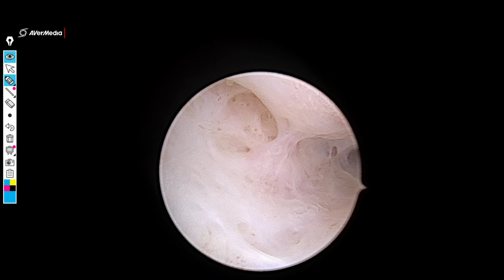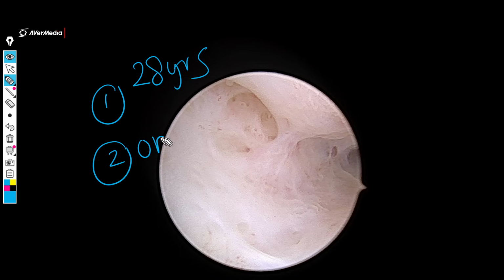So, what we are going to look at in this case, first of all, this patient is about 28 years old. She has had only one prior MTP done, one prior surgical termination of pregnancy by suction evacuation.